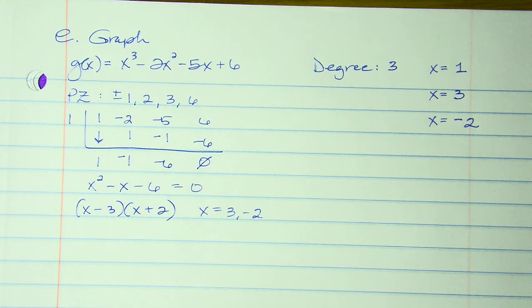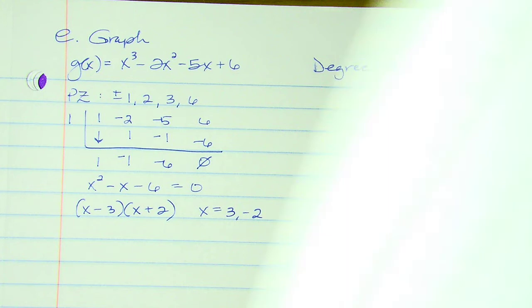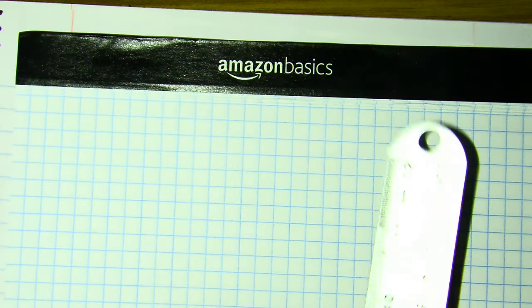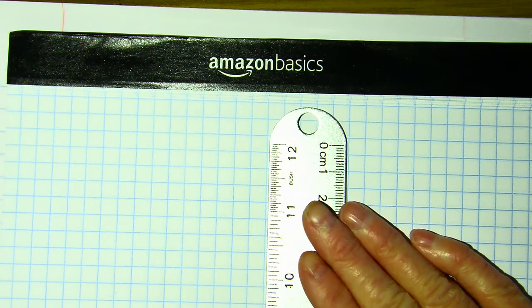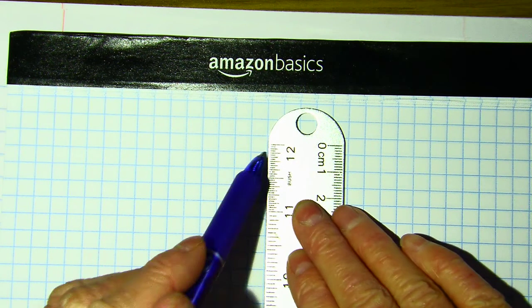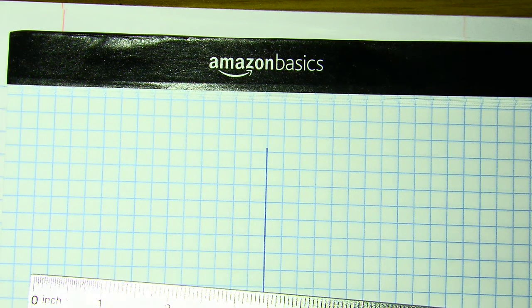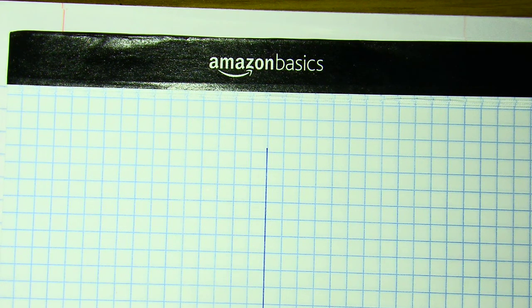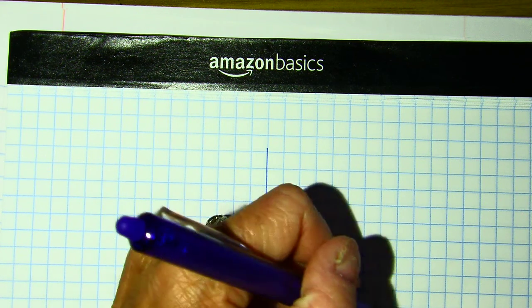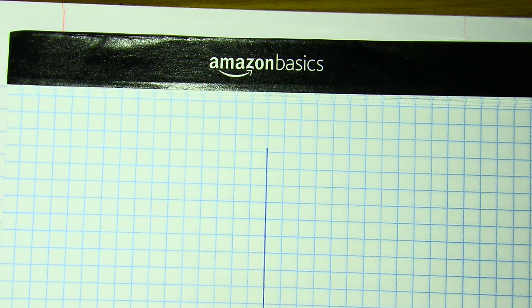So on graph paper, and I apologize, I didn't tear any out, but I have some right here. Let's draw what we have so far. I'm going to get Desmos out, but I should have a solution at negative 2, 1, and 3.